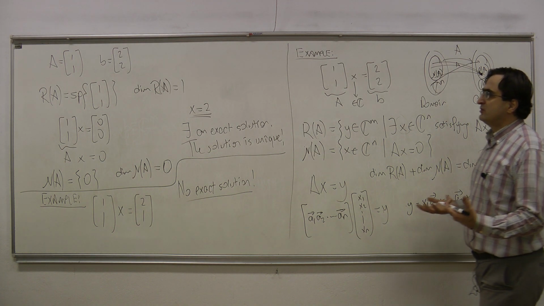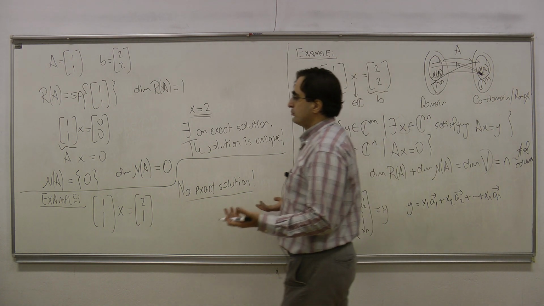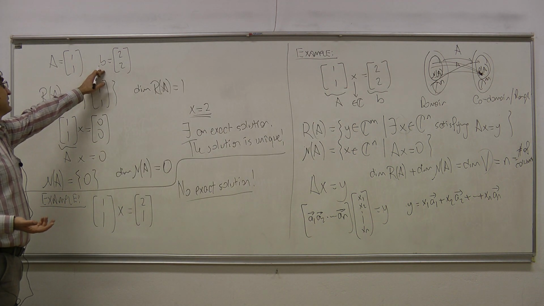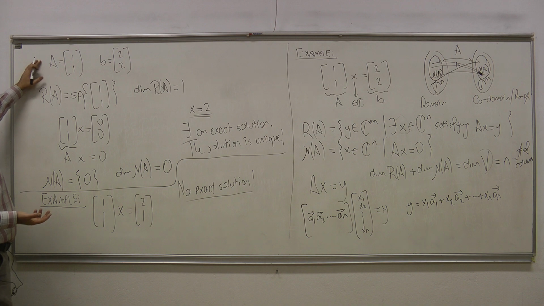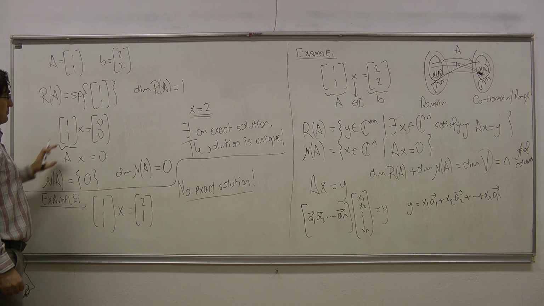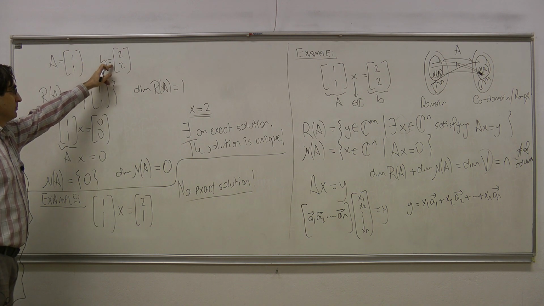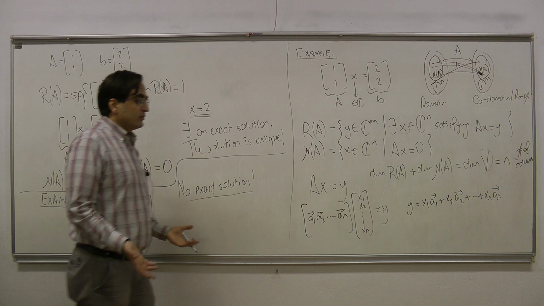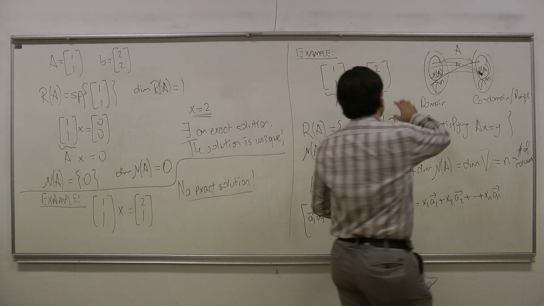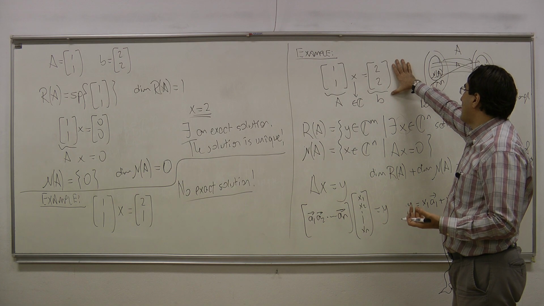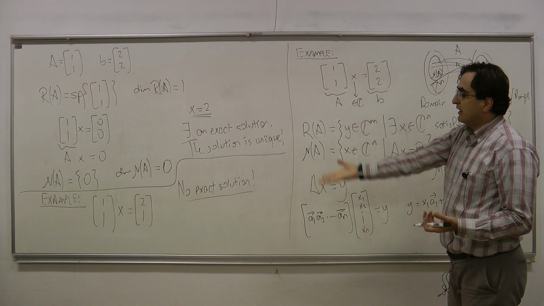So what is the difference between these two examples in terms of the b vector and the A matrix? Range space of A was the same, null space of A was the same, only b changed from this example to that one. In this example we have an exact solution, while in the second one we don't.